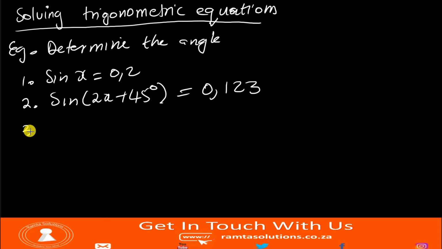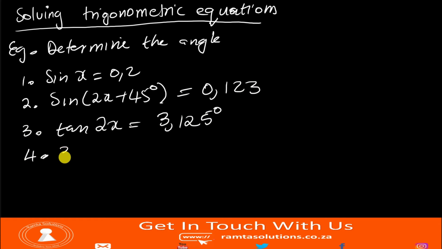Number three, tan 2x is equal to 3.125. And number four, we have 3 tan x equals 1.